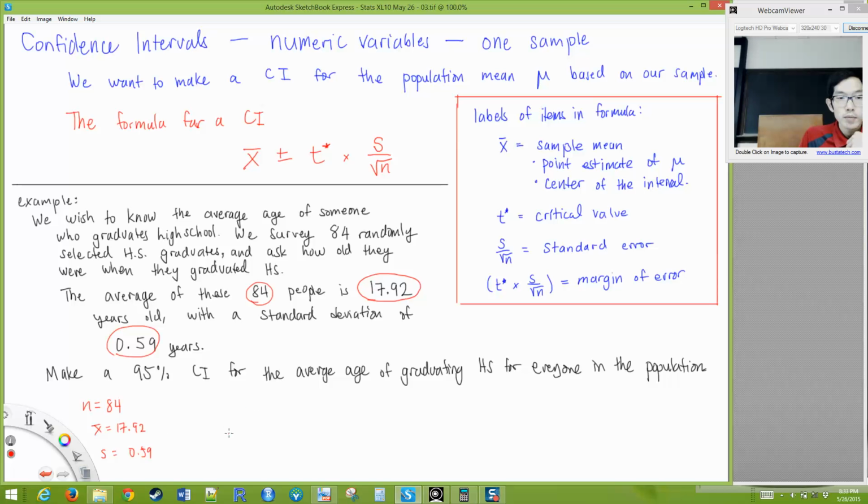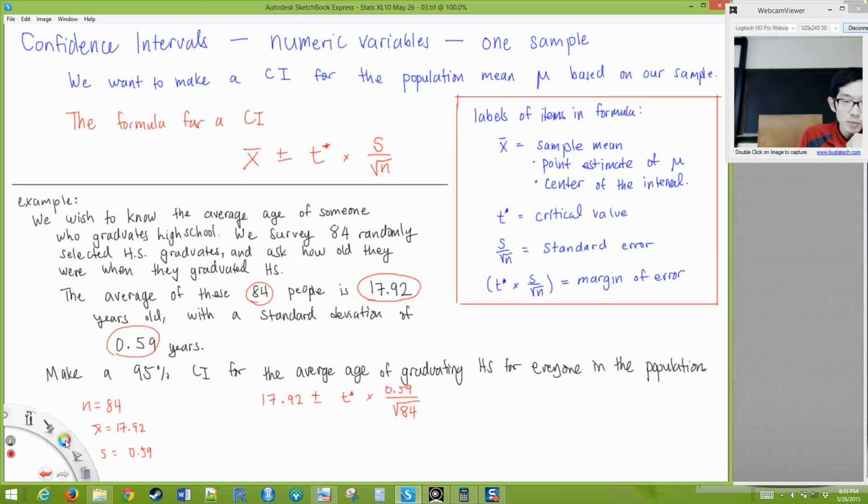Okay? So if we're going to write our formula here, I've got 17.92 plus or minus t star times s, 0.59, divided by the square root of n, square root of 84. Okay, t star comes from our t table. Now we need to know the degrees of freedom.